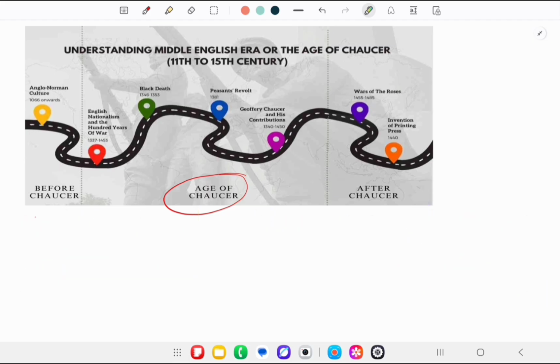And the fourth one is from the religious perspective.